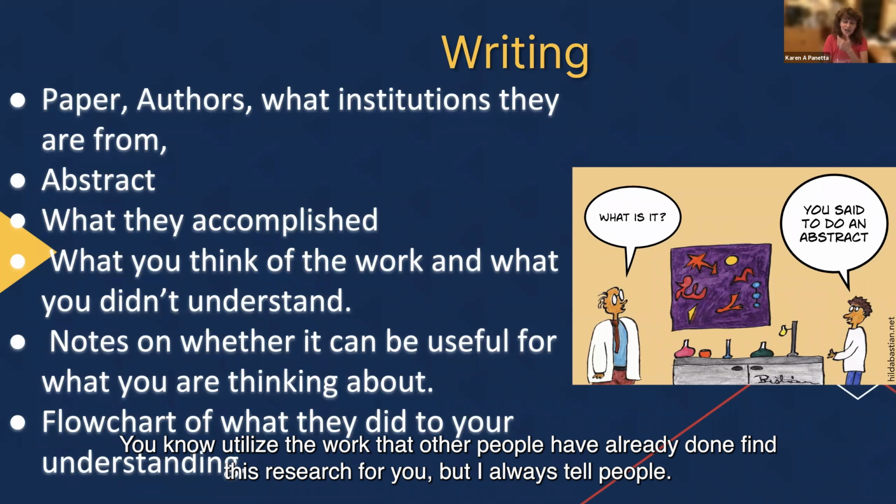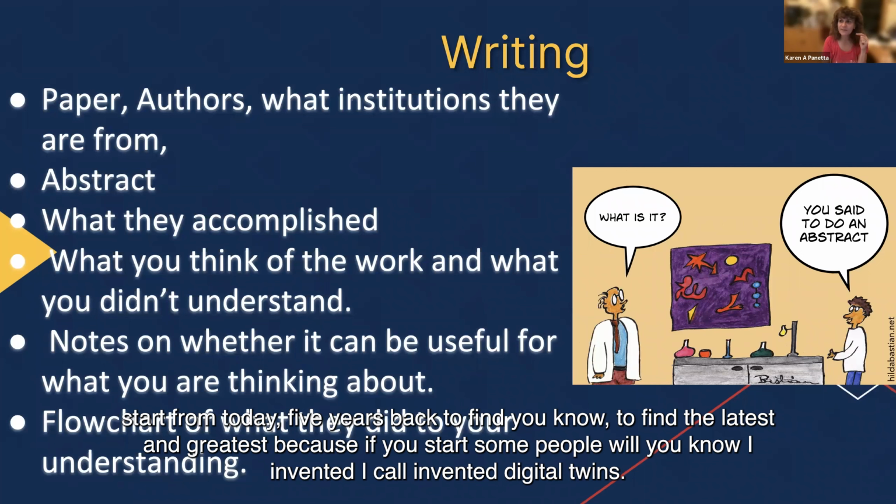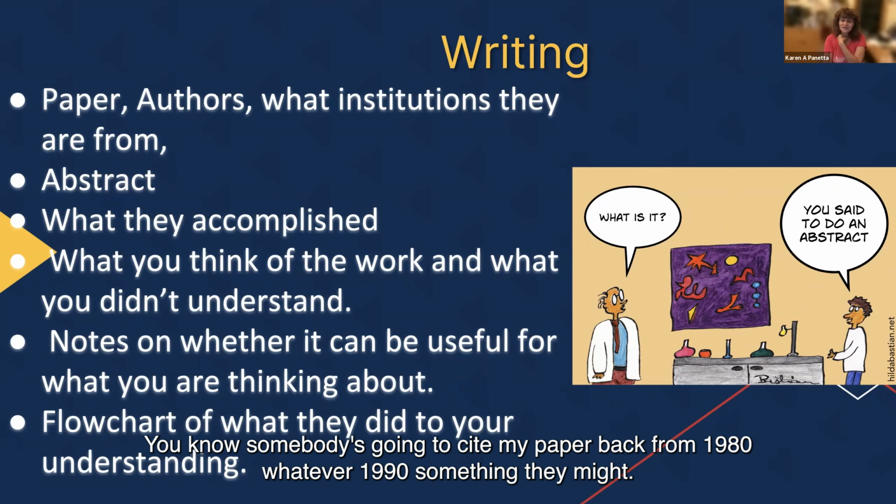But I always tell people, start from today, 5 years back to find the latest and greatest. Some people will say, I co-invented digital twins. Is somebody going to cite my paper from 1980-something or 1990-something?